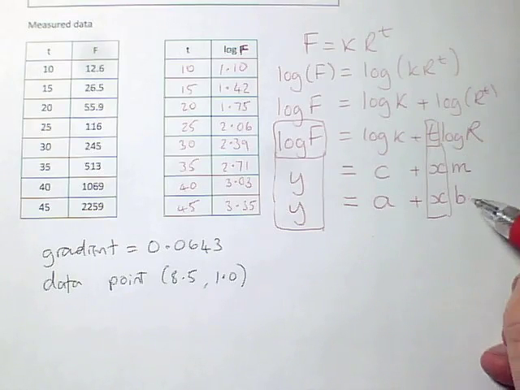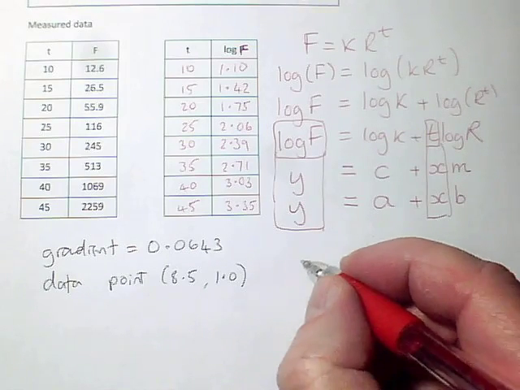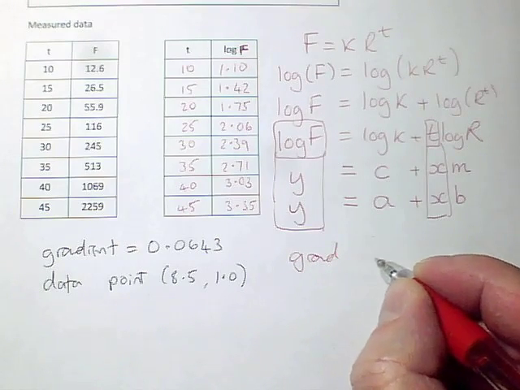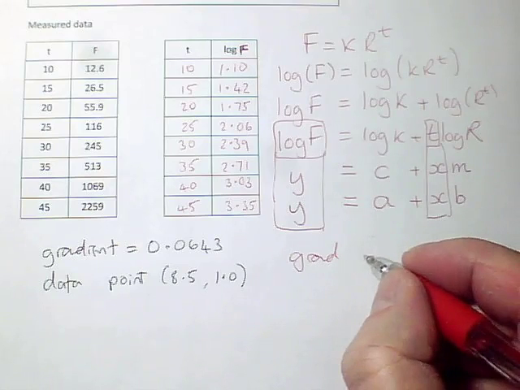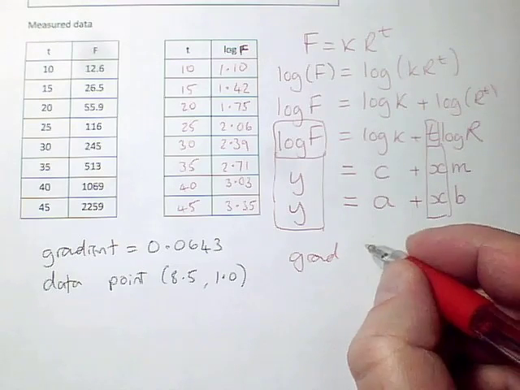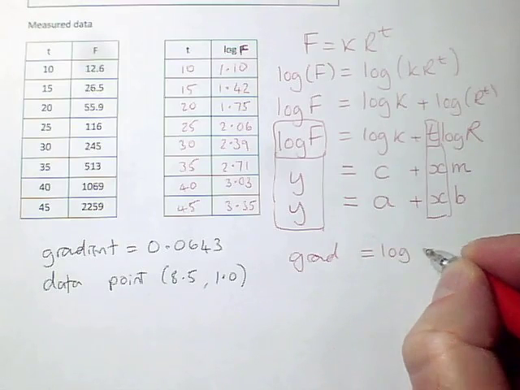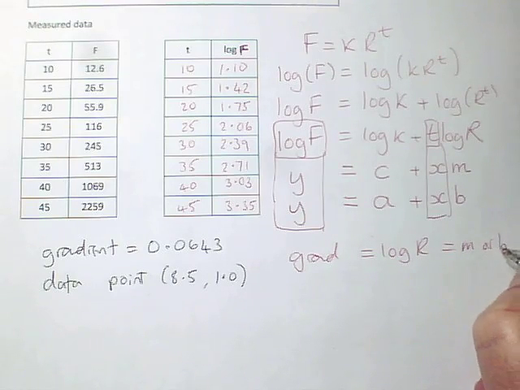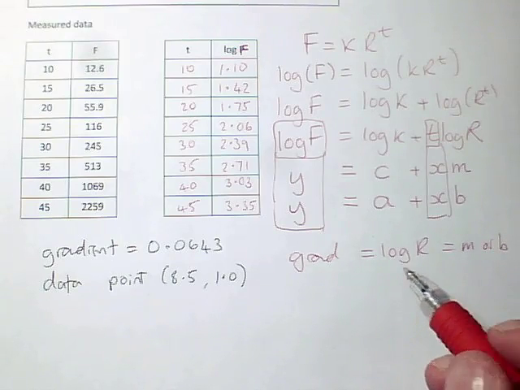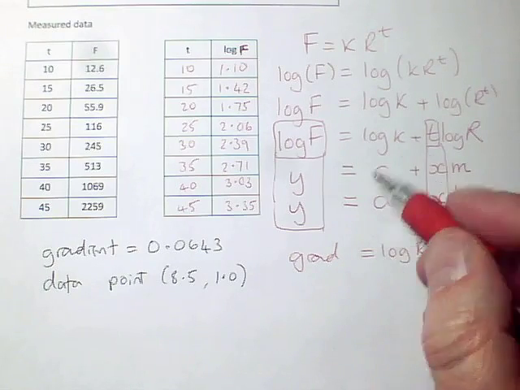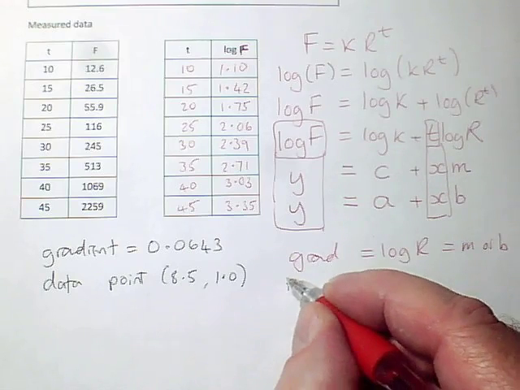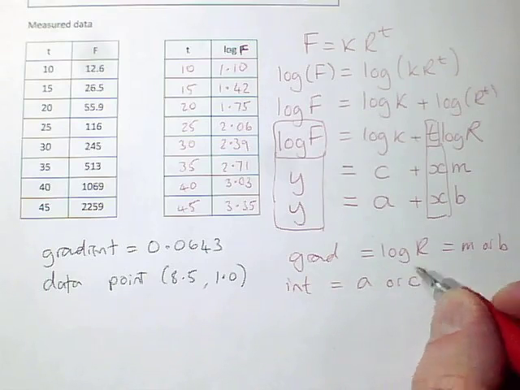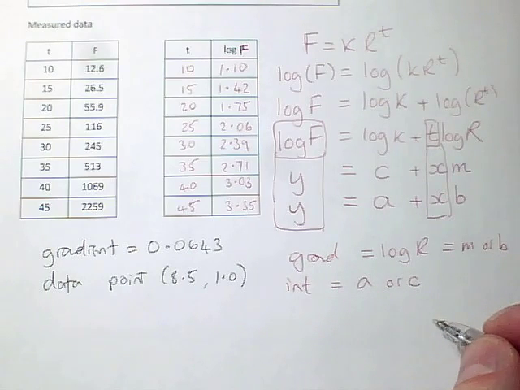So I can now see that the gradient of my graph, which is my m or my b, has to equal the log of r, that part of the equation. And I'll be using that later to get the value of r. And my intercept, which is what I'm trying to find now, equals A or C, which will be matching this log k, which I'll be coming back to.